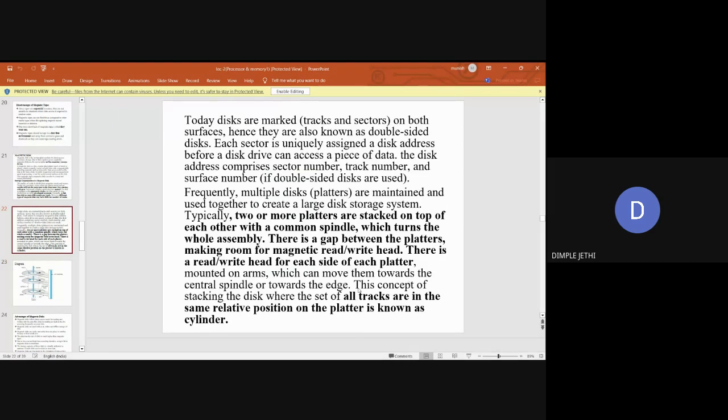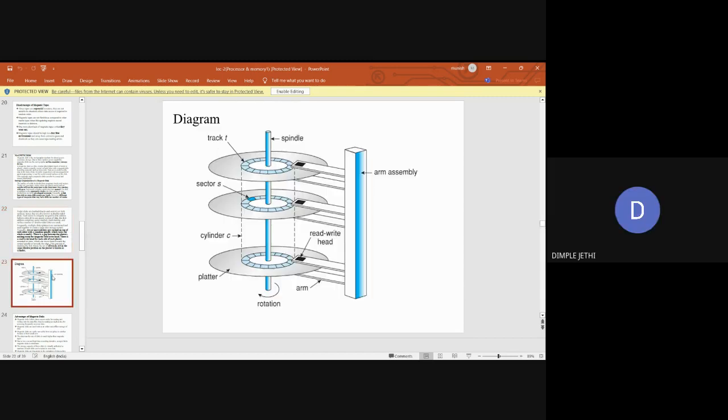So the concept is that all the tracks are in the same position on the platters. This is called a cylinder, right? And all the arms are connected to this arm assembly.